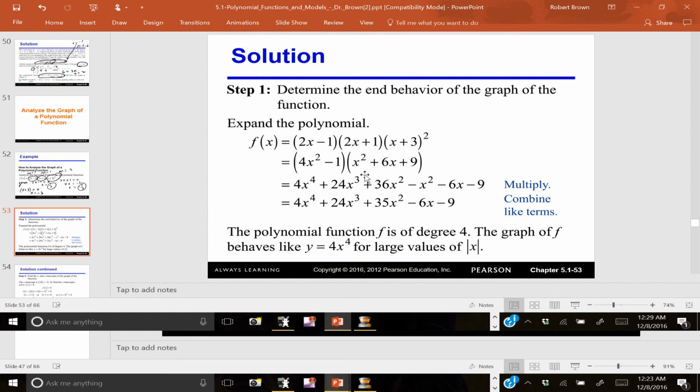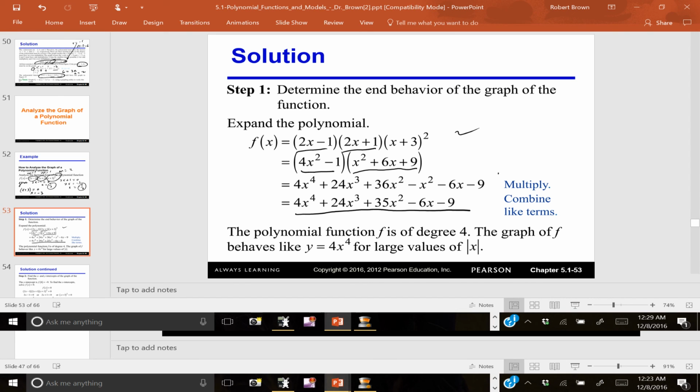You can multiply out all of these factors to see what the polynomial would be. 2x minus 1 times 2x plus 1 gives you 4x squared minus 1, times x plus 3 squared, which is x squared plus 6x plus 9.